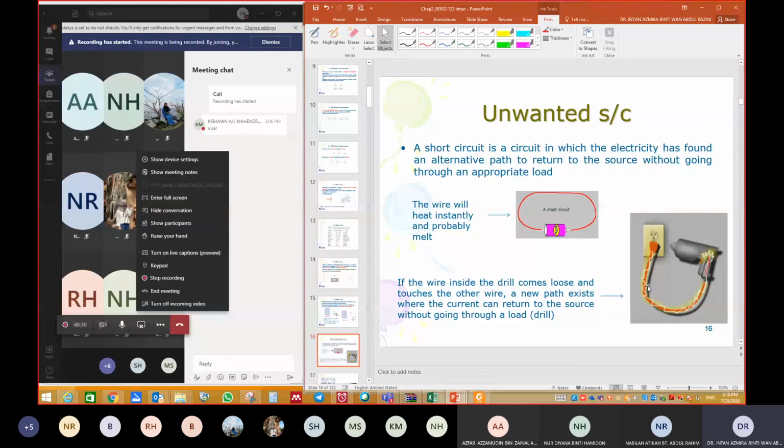If the wire inside the drill comes loose and touches the other wire, a new path exists where the current can return to the source without going to the load or the drill. So this is an unwanted short circuit.